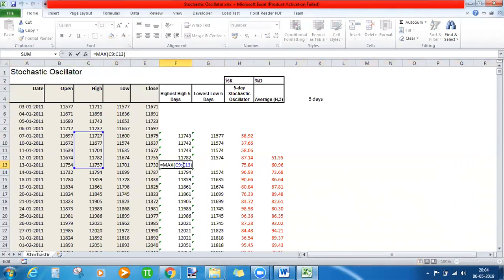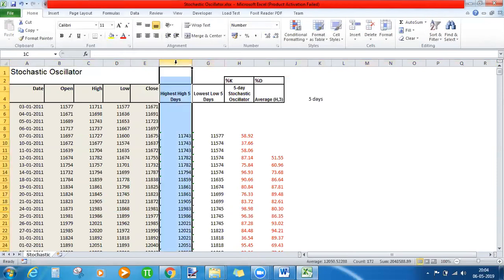At any point of time, I'll need the highest high of the last 5 days. So this gives me the highest high of the last 5 days, and this gives me the lowest low of the past 5 days. So I have the highest high and I have the lowest low.